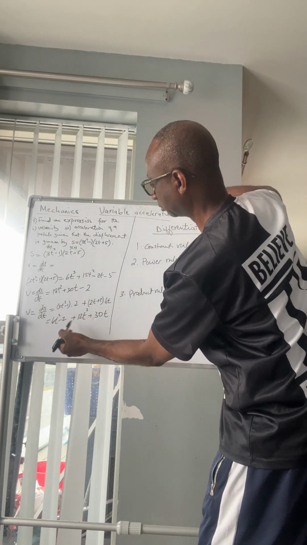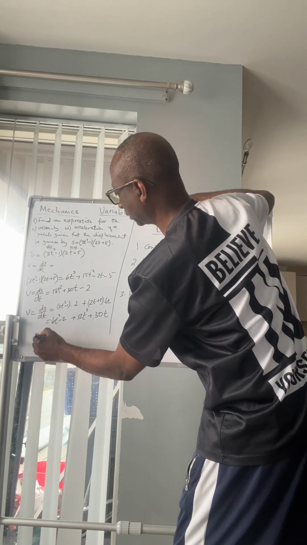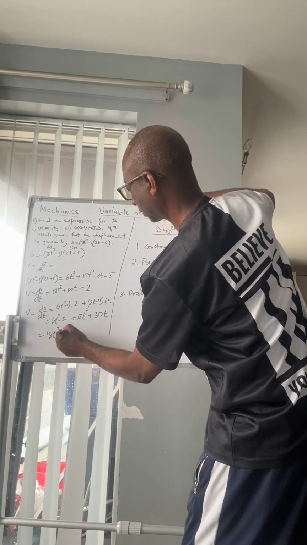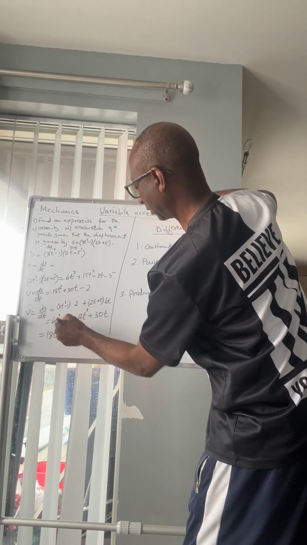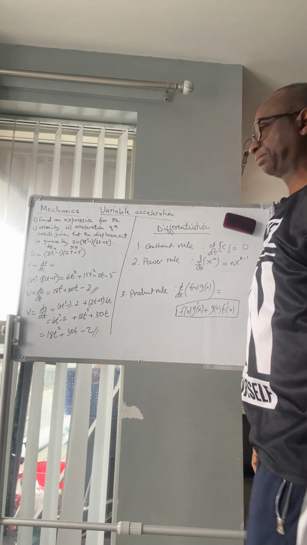So now let's clean up. 6t squared plus 12t squared gives us 18t squared plus 30t minus 2. So you see, this and this are the same.